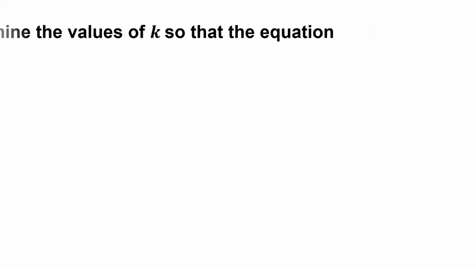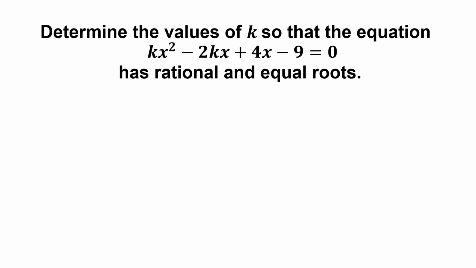Let's discuss a more challenging problem involving the nature of roots of quadratic equation. Determine the values of k so that the equation kx squared minus 2kx plus 4x minus 9 is equal to 0 has rational and equal roots. If the roots are rational and equal, d must be 0.